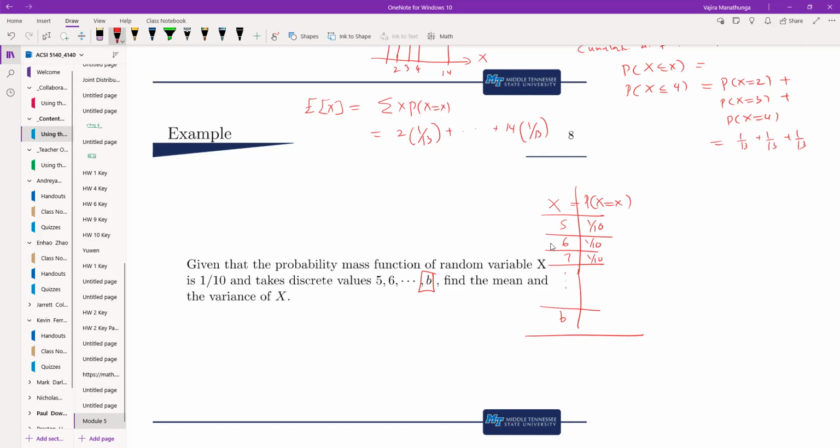Okay. So you can see that if it is 8, 1 over 10, so 1, 2, 3, 4, 9, 1 over 10, 1, 2, 3, 4, 5, 10, 11, 12, 13, let me add.